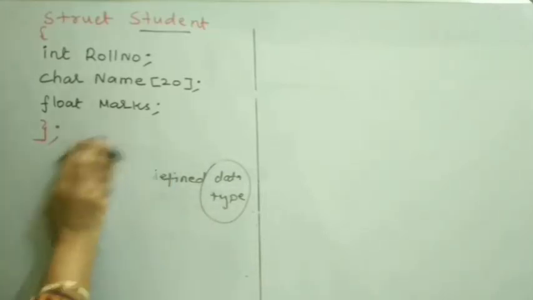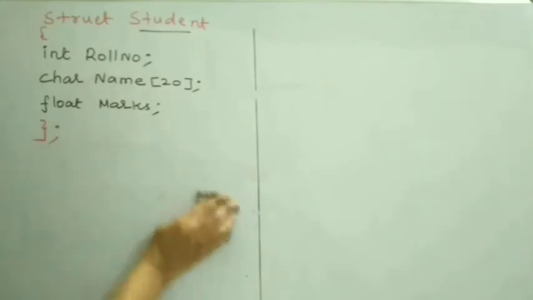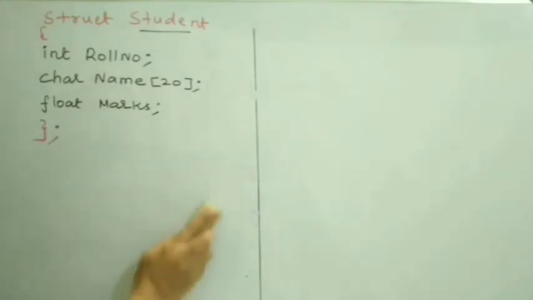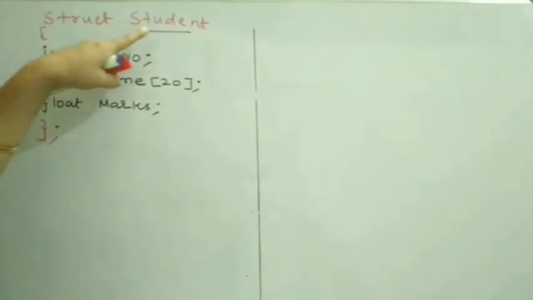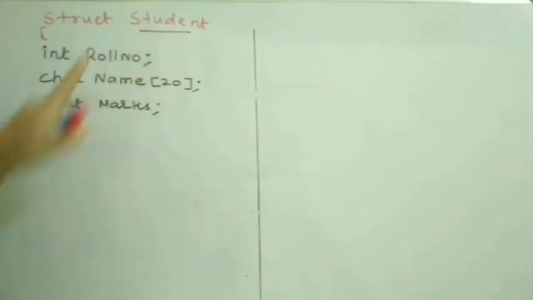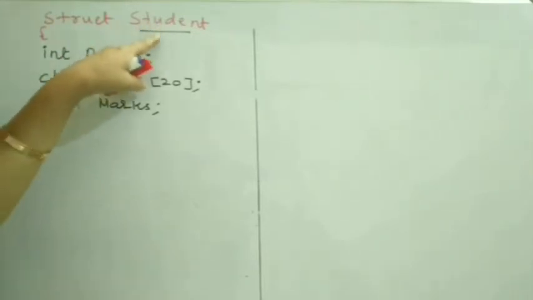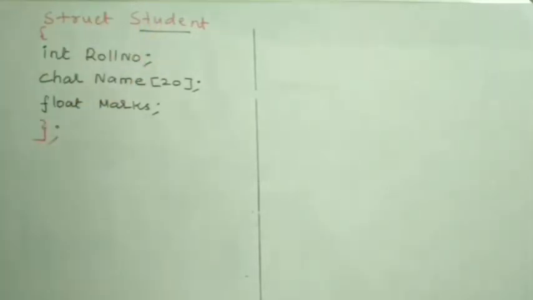Once we define the data type, I may declare a variable of this particular data type. Here student is a user defined data type, so I may declare a variable of type student.